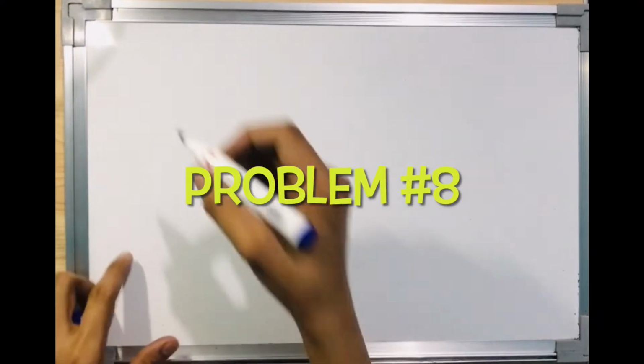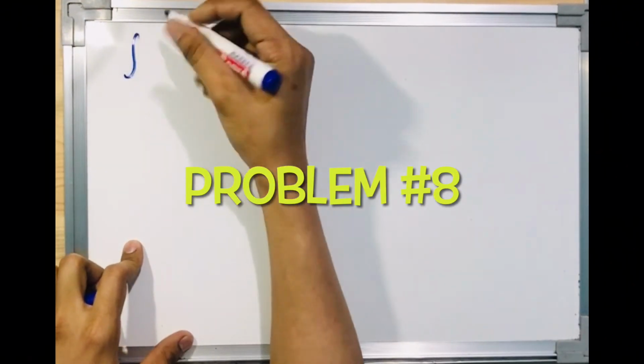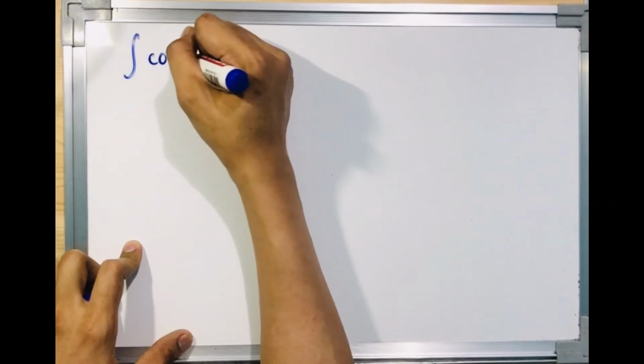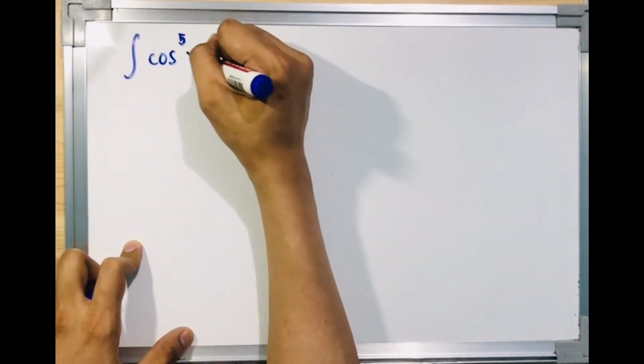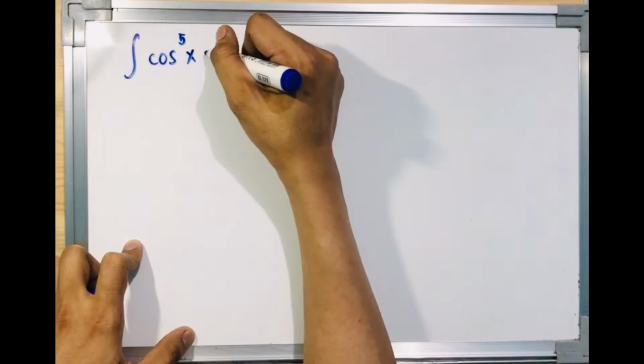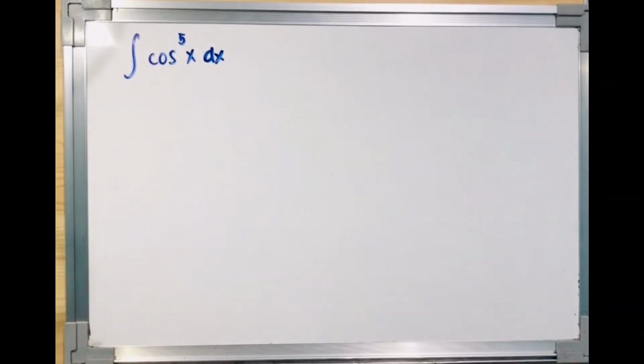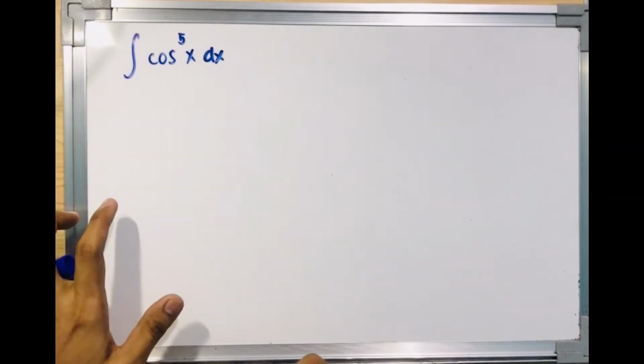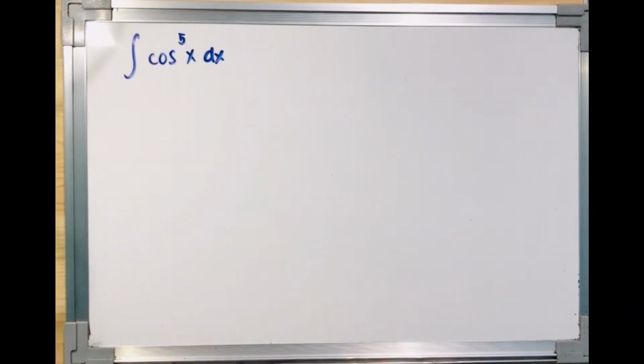So our next problem is a bit more higher power. Cosine raised to the 5 x dx. Kanina sinolve natin is cube. Ngayon, raised to 5. So, ang una nating maiisip is i-breakdown natin siya into several exponents.